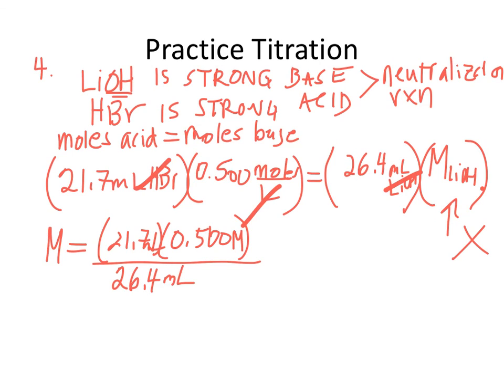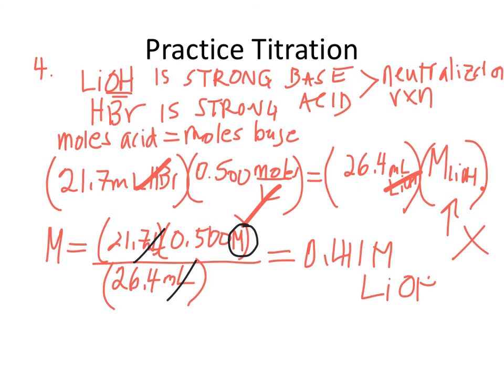And if we want to check our units, milliliters would cancel out. You'd be left with molar, moles per liter as a unit. That's what we're looking for, so we're fine with that. And the answer will come out to be 0.411 molar lithium hydroxide.